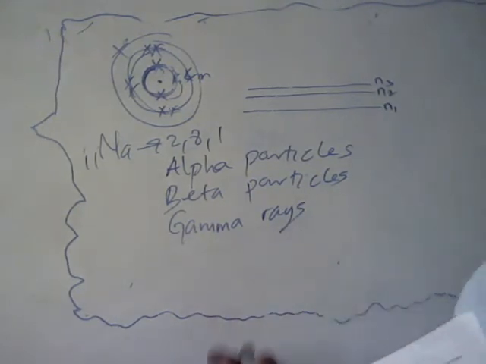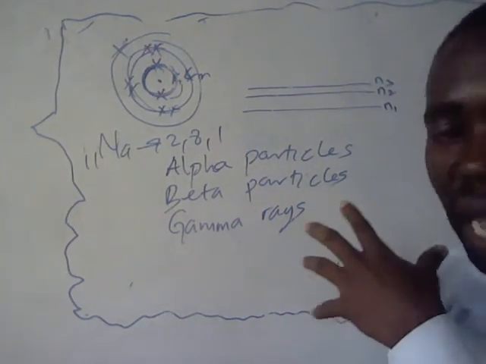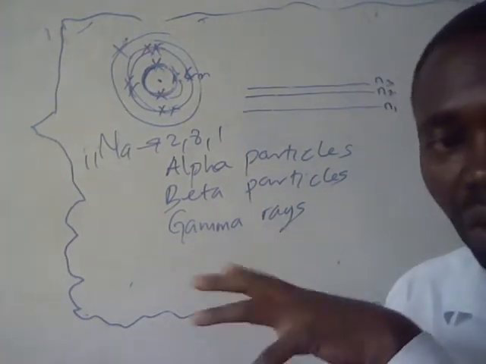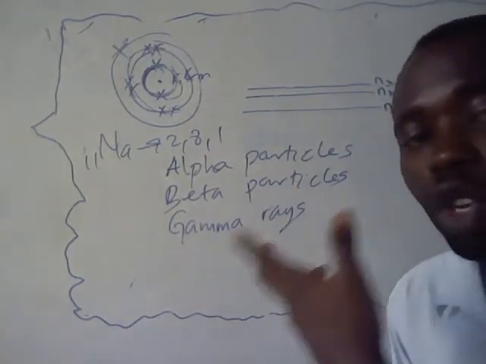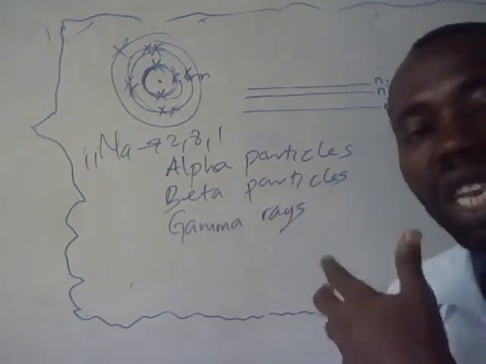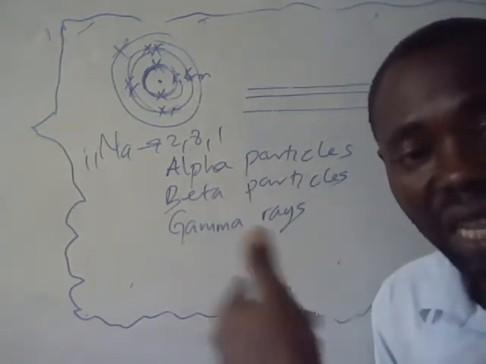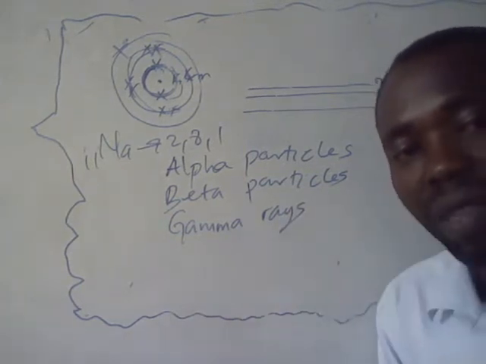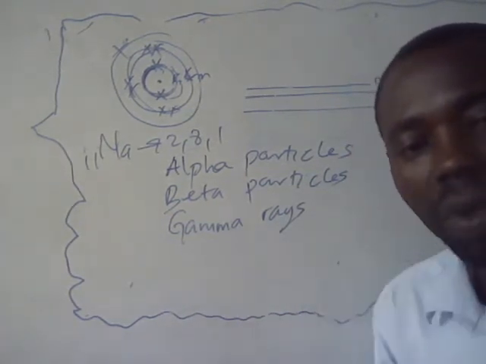These are the three radiations that are emitted by any radioactive substance during disintegration or decay. Experiments show that alpha particles are helium nuclei. Helium is the second element in the periodic table, after hydrogen.